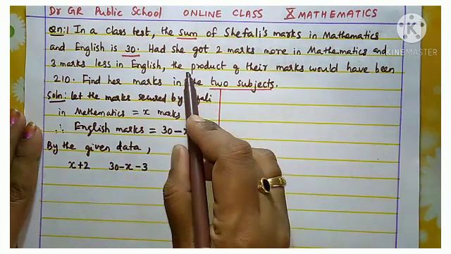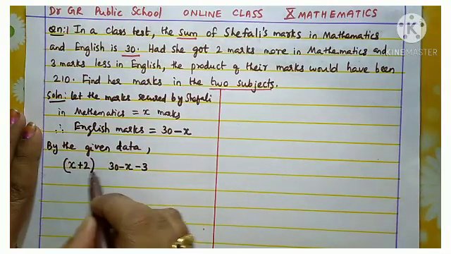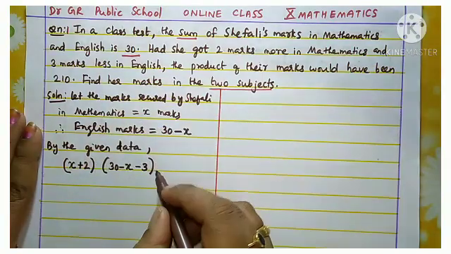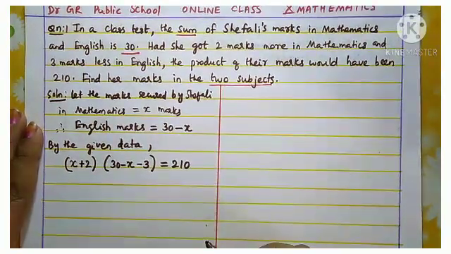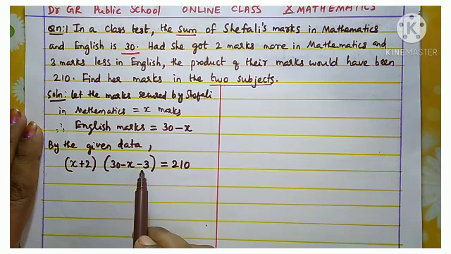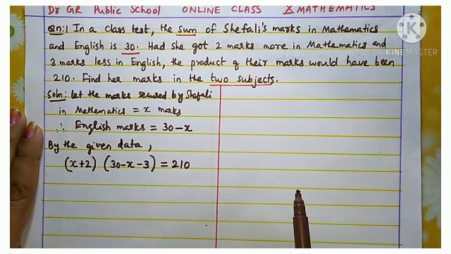Okay, then the product of their marks, that is we want to multiply these two quantities, then that product is equal to 210. Understood? So this is the second situation. If she got 2 marks more in maths and 3 marks less in English, then that product is equal to 210.